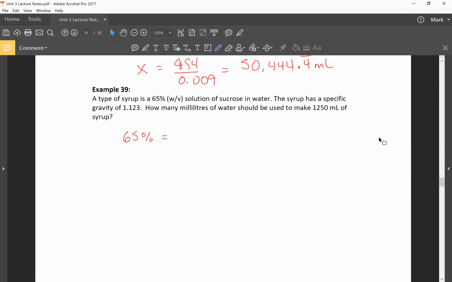The weight of the solute is going to be equal to the equivalent weight of water from below times the specific gravity. So here, let me write this down. Let's start with the weight.